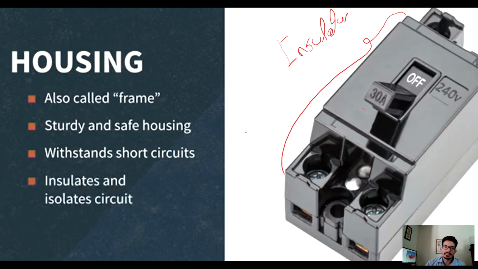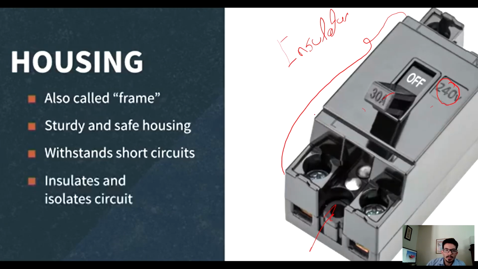The purpose is to have a sturdy, safe housing that has no electricity going around it. You can see this particular breaker can operate at 240 volts and 30 amps. If more than 30 amps go through this breaker, the breaker will flip.